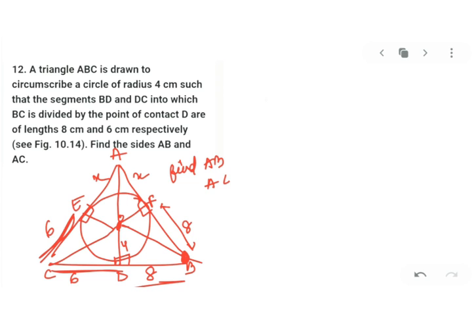Now, I will take in triangle ABE. Can you see ABE? Yes, this is ABE. Okay, in triangle ABE, you want to go for bigger triangle. ABE. This triangle.